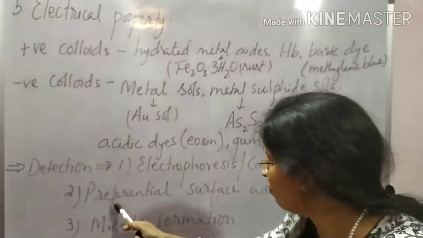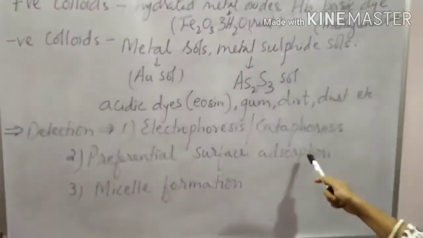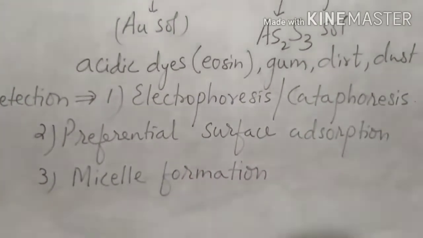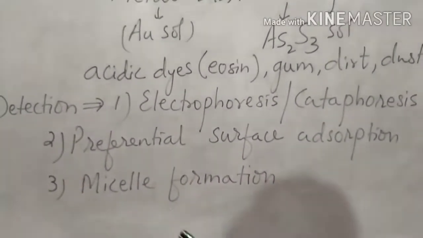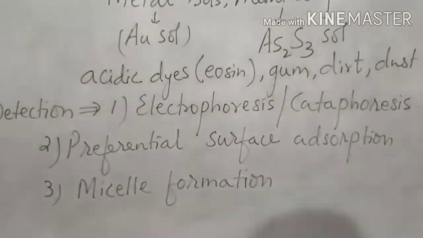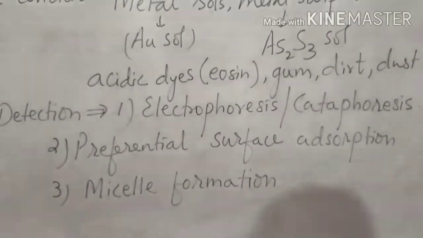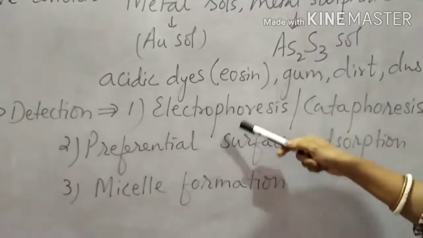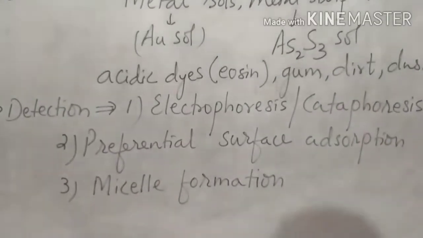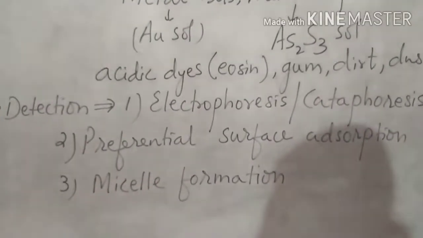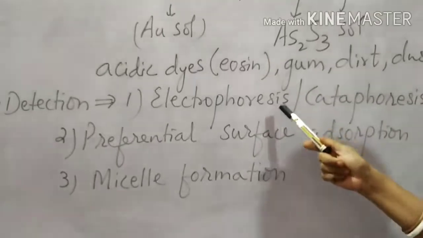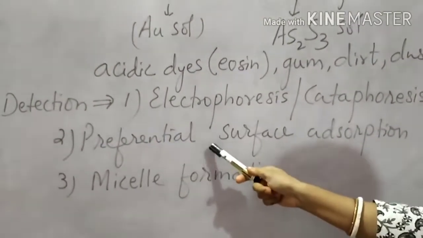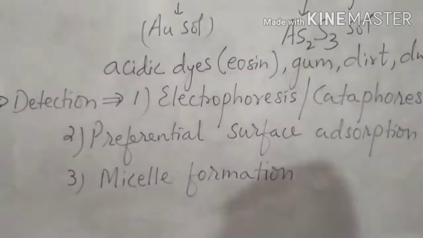Then preferential surface adsorption. And the third detection is by micelle formation, soap or detergent micelle formation. Next we will take up the detection in detail, because 2 marks questions come from this detection part: electrophoresis and preferential surface adsorption.